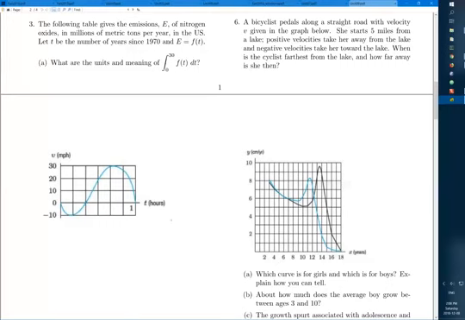Like a left-hand sum or a right-hand sum? Let me take a step back just so you don't have to type too much.